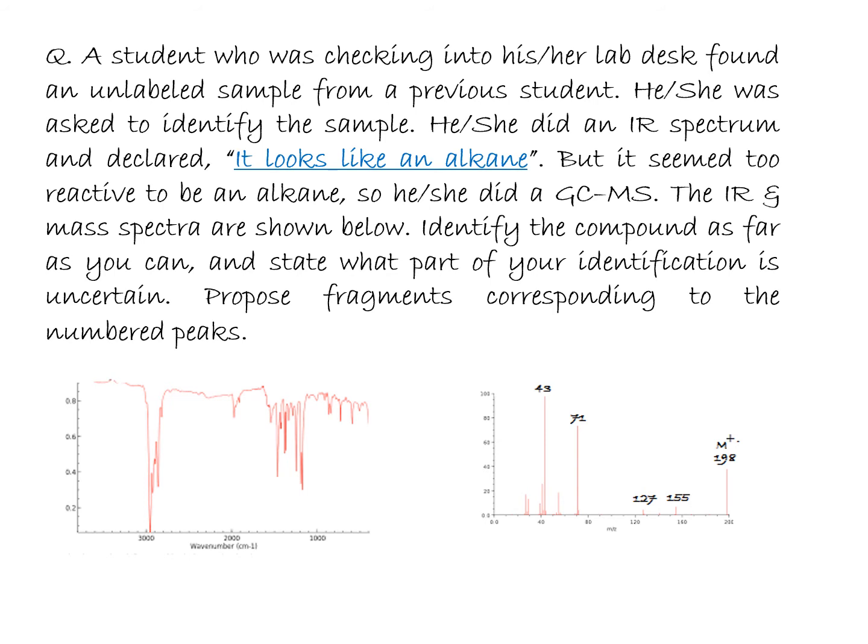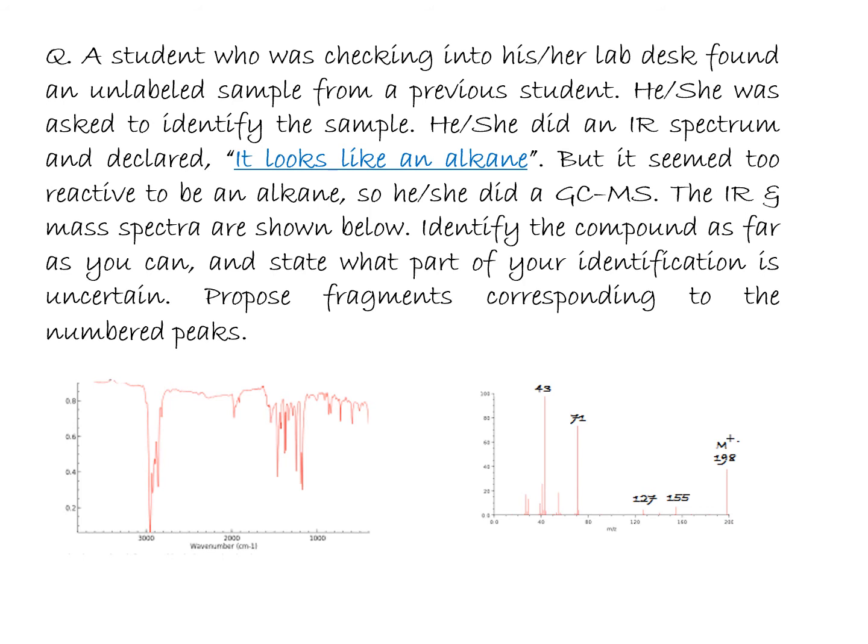So he did a GC mass. The mass spectrum is shown below. Identify the compound as far as you can and state what part of your identification is uncertain. Propose fragments corresponding to the numbered peaks.